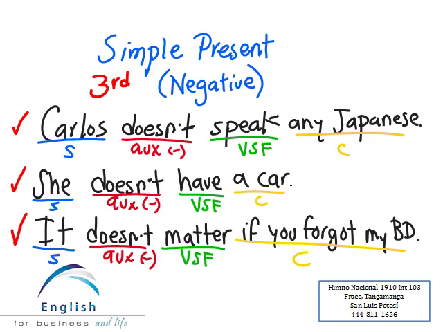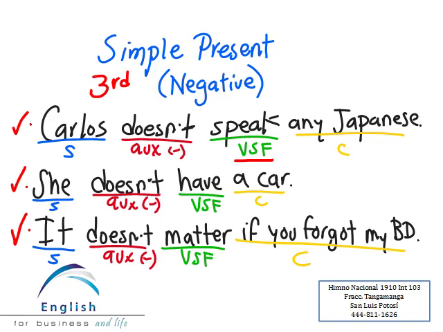Okay, as you can see, for he, she, or it, we have the auxiliary doesn't. Practice the pronunciation of this auxiliary because you will use it many times in your life when you speak English. Doesn't. Okay? And as you can see, our verb does not have the S. Why?